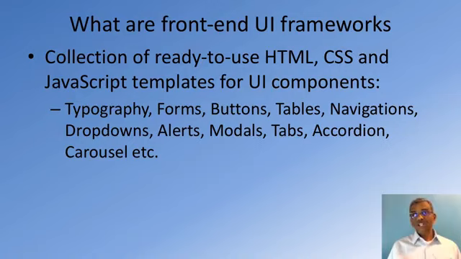So this is what a front-end web UI framework accomplishes. It is a collection of all these components. Not only that, it gives you a method of defining consistent typography that you can use for your entire website design, and enables you to quickly scaffold out a website or a web page.